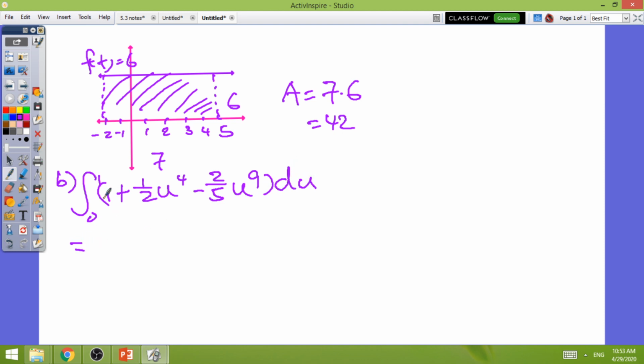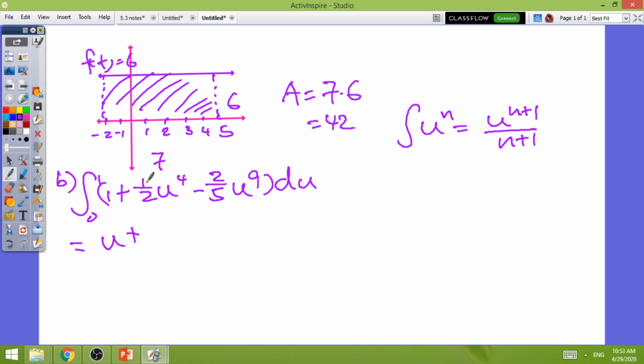Taking the integral of 1, we get u. Again, the derivative of u is 1. For the integral of 1/2 u to the power of 4, we use the power rule, but going backwards: u to the power of n becomes u to the power of n plus 1 over n plus 1.